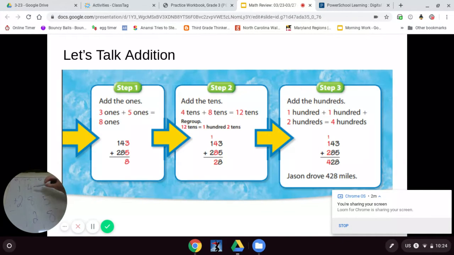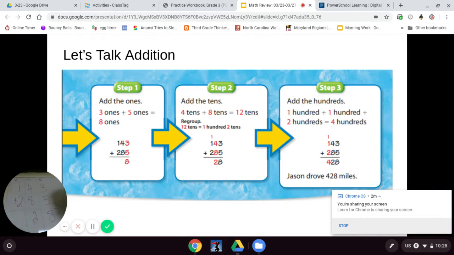So now I have 4 tens plus 8 tens. It equaled 12 tens, but I left the 2 tens in the tens place and I moved my 100 to the top. And you'll even see in step 2, it says 12 tens equals 102 tens, which is what we have in our picture now.